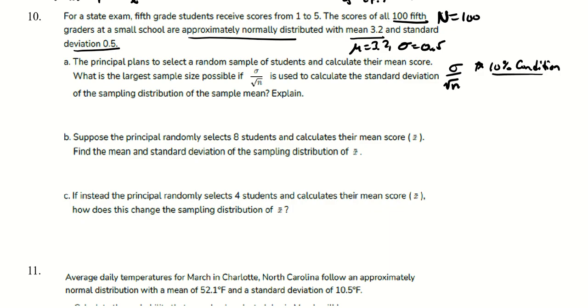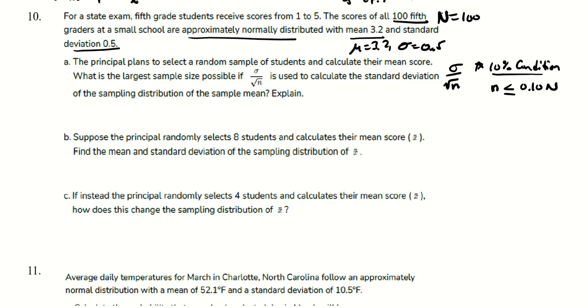The 10% condition is that the sample size is less than 10% of the population, or we could say less than or equal to. Here they use less than or equal to, but technically I would say strictly less than, but either way, you could say less than or equal to, that's fine.